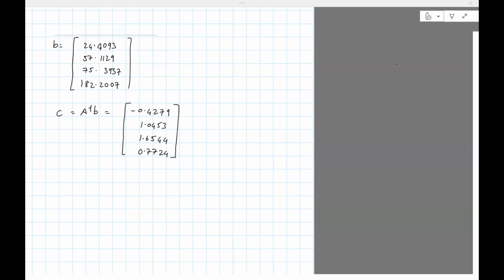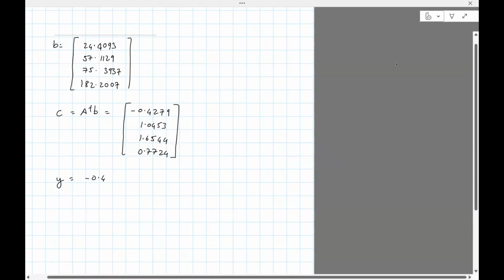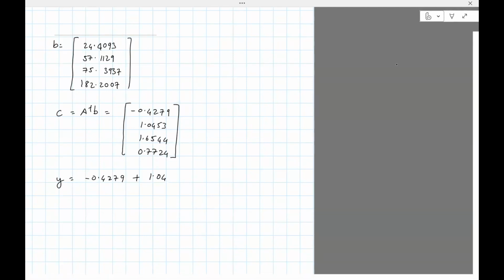Okay, so with that, we can write the equation for y. It's minus 0.4279, that's the constant part, plus 1.0453 x plus 1.6544 x squared plus 0.7724 x cubed.